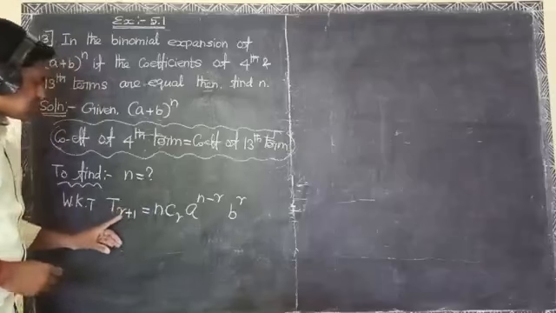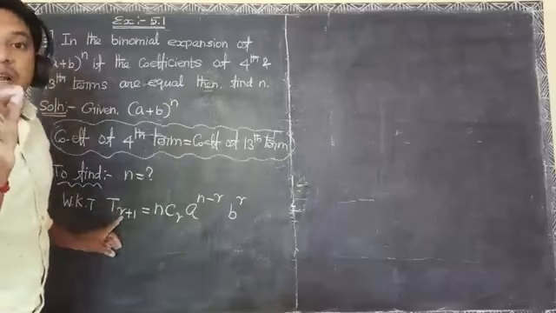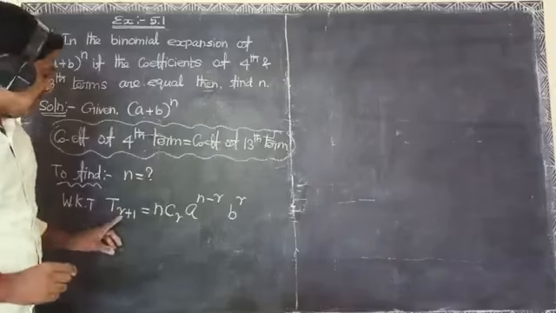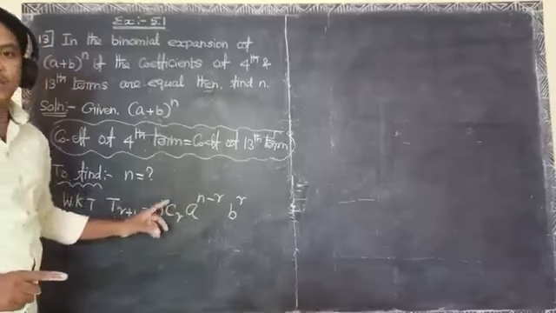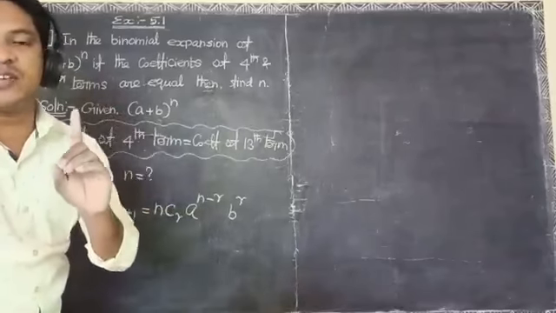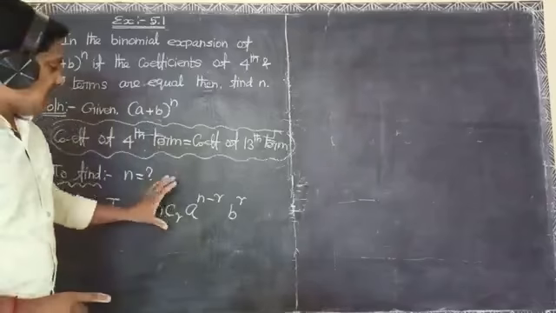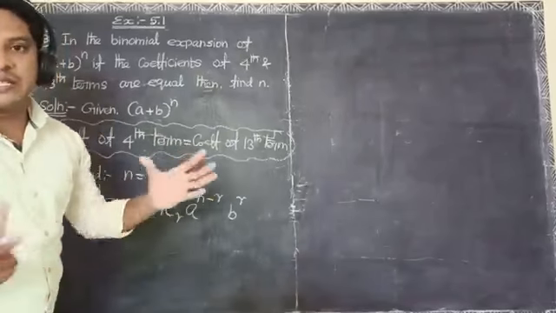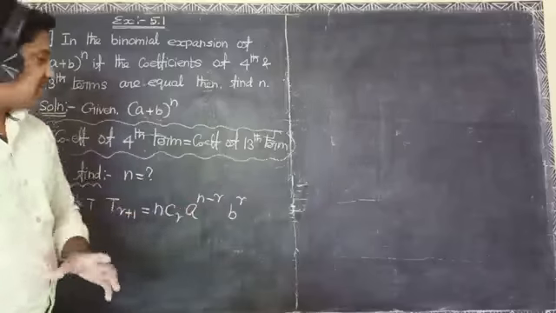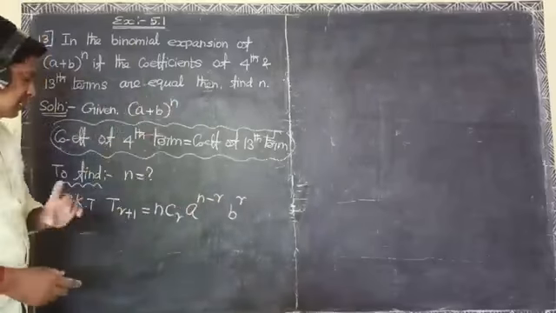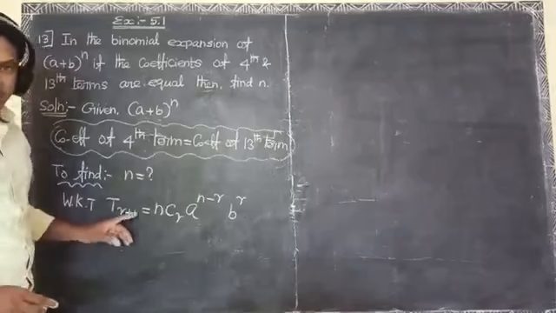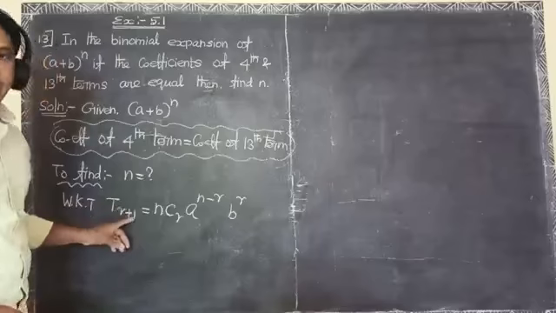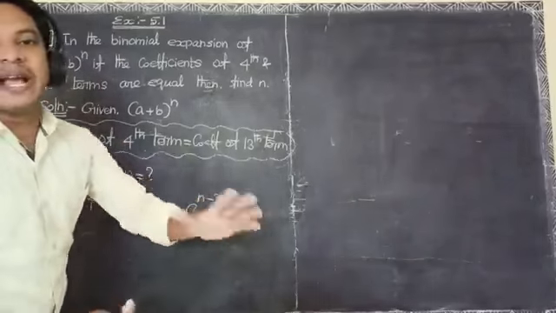Suppose we substitute r equal to 0: 0 + 1 is 1, that is the first term of the expansion (a + b)^n. Suppose r equal to 2: 2 + 1 is 3, so T3 means the third term of the expansion.